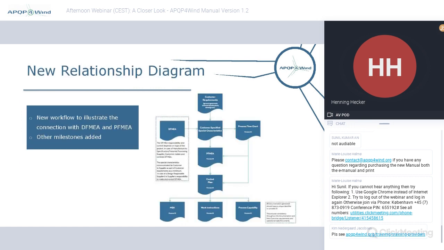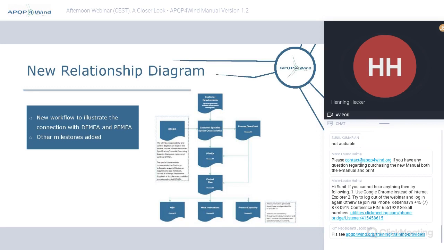Of course, a relation diagram was added because we were facing problems that some of our members could not really see the relationship between all the different important documents, for example the FMEAs, the control plan, and all the other small items like MSA.